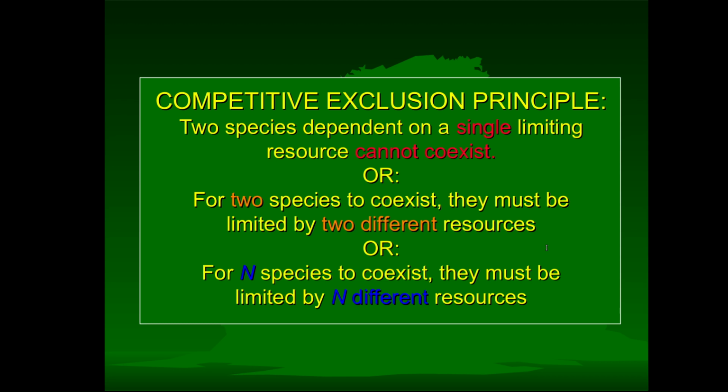This principle also, of course, assumes that it's possible to reach equilibrium. In reality, equilibrium may be rare or difficult because there may be regular disturbances in the environment. For example, density dependent or independent disturbances that prevent a competitor from reaching its shutout level.